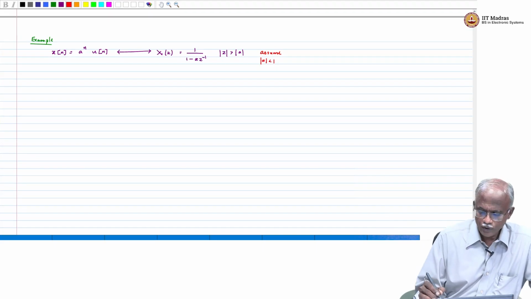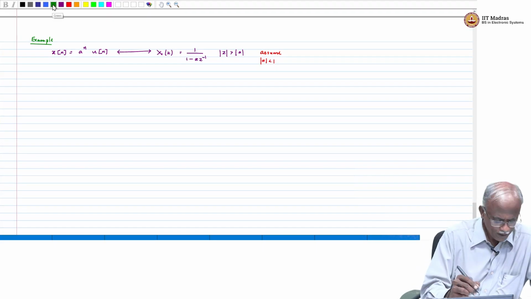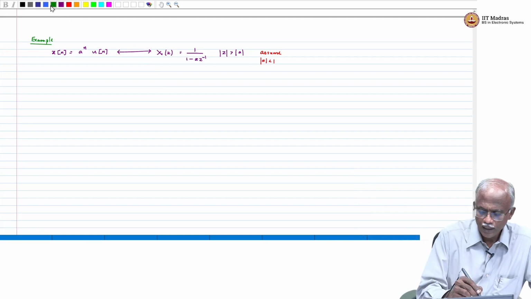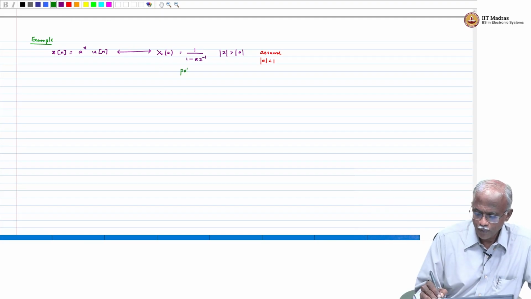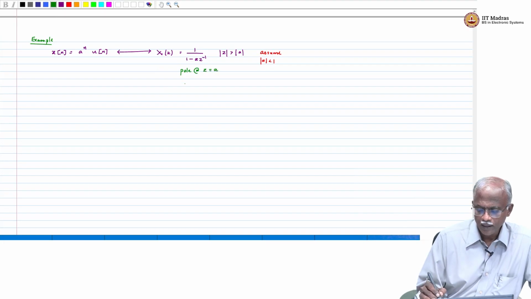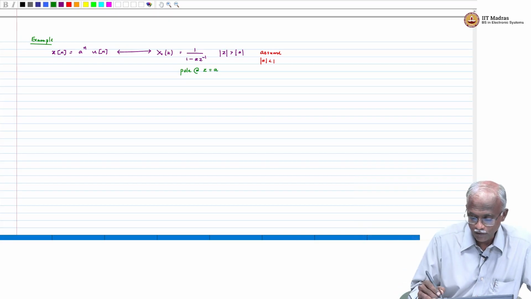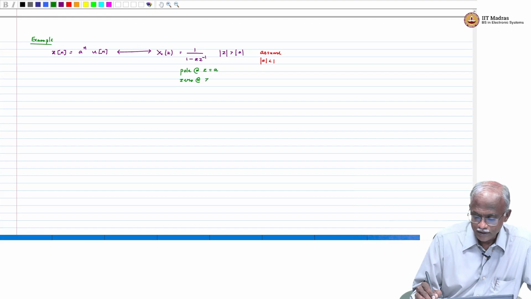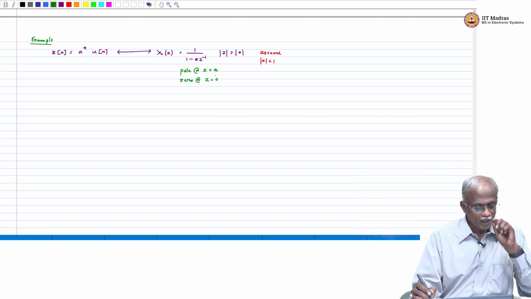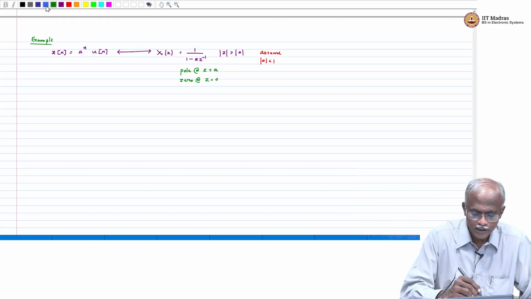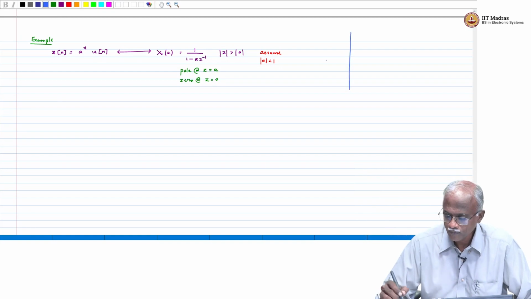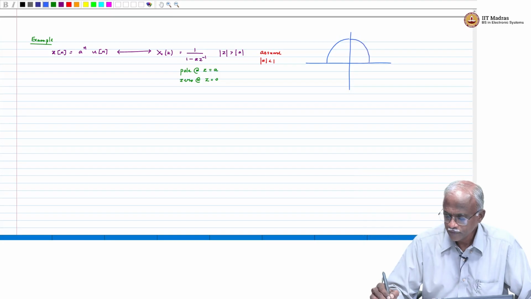Now looking at this, tell me where the poles and zeros are. You have a pole at z equal to a. And remember, we have to look at the rational form. There will be a 0 at z equal to 0. If you were to draw this diagram, this is the unit circle.